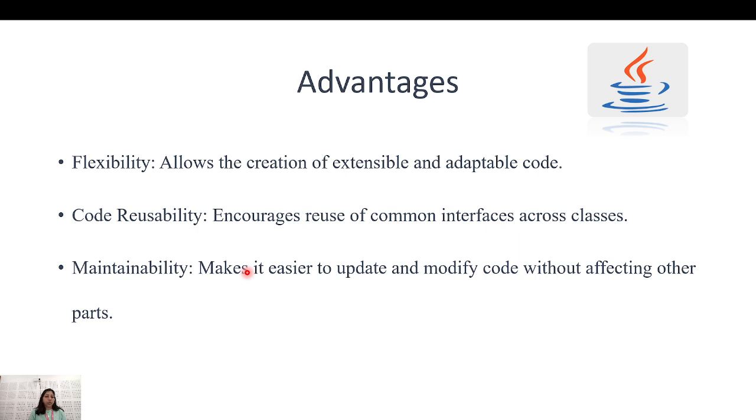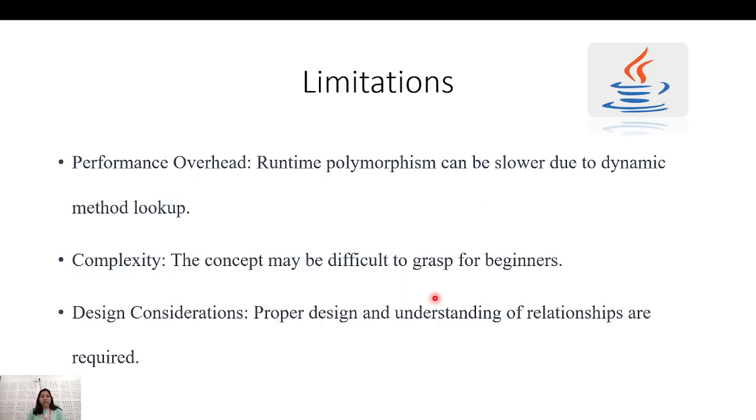It also achieves maintainability, which means it makes it easier to update and modify the code without affecting other parts. If I want to change or update a particular code without modifying it, then I will go for polymorphism.